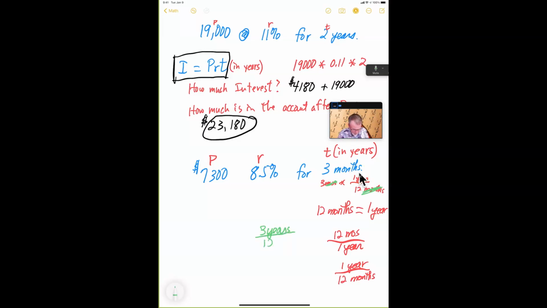divided by 12. And then if we calculate this, right, 3 over 12 is equal to 1 over 4. 1 over 4 years. So we have 1/4 year as our T, okay?